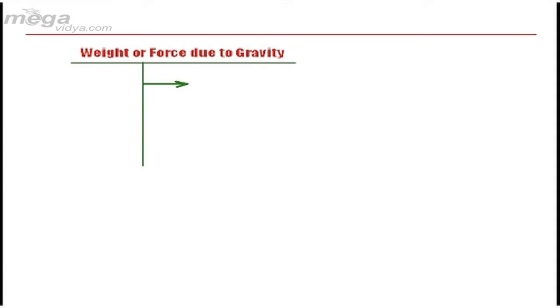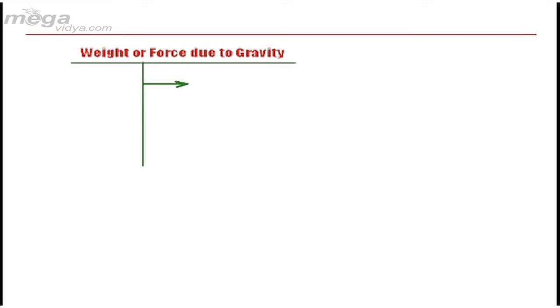Let us first discuss the weight or force due to gravity. Particularly in this chapter, Laws of Motion, we require very particular knowledge of this weight or force due to gravity.